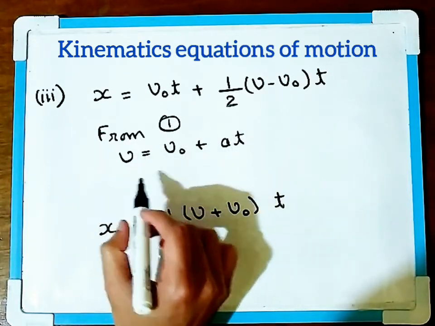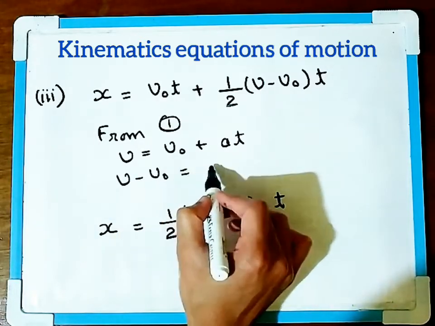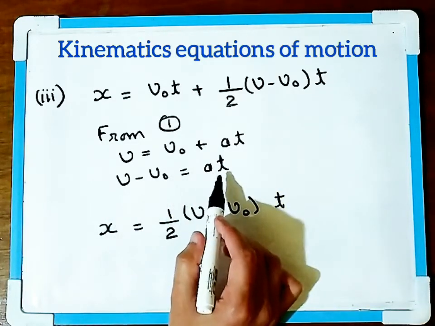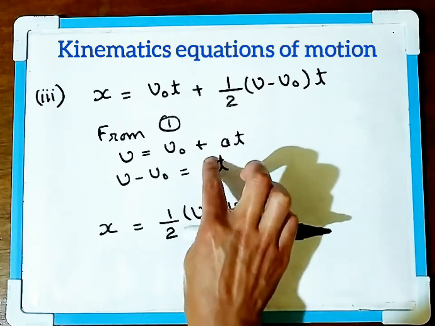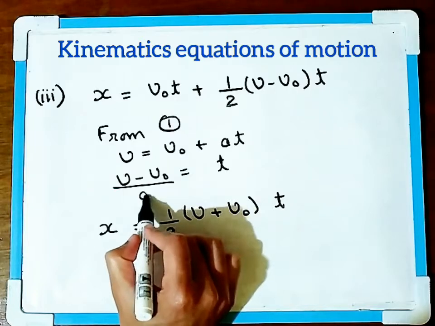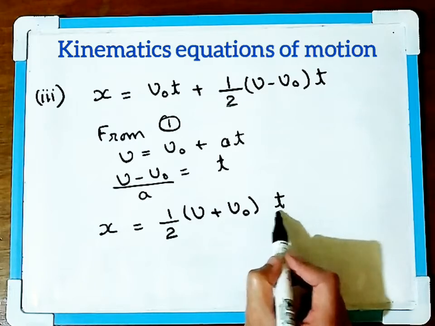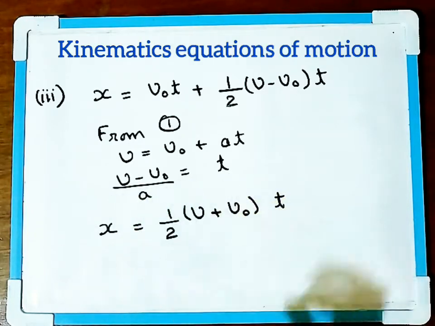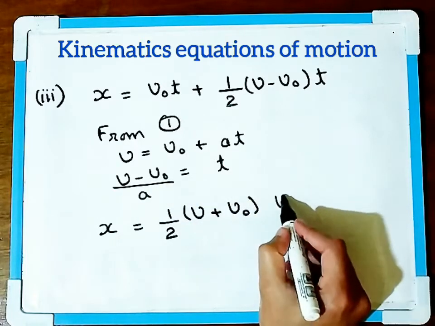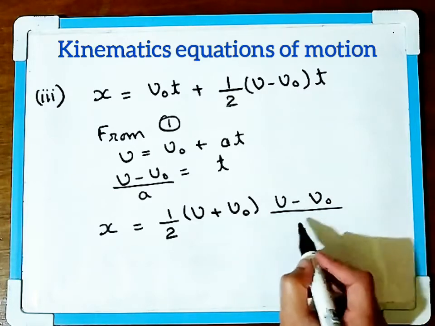If I bring this to the side, this will give me v minus v naught equal to at. Upon cross multiplication, t will be equal to (v minus v naught) divided by a. So instead of this t here, I'll write this.